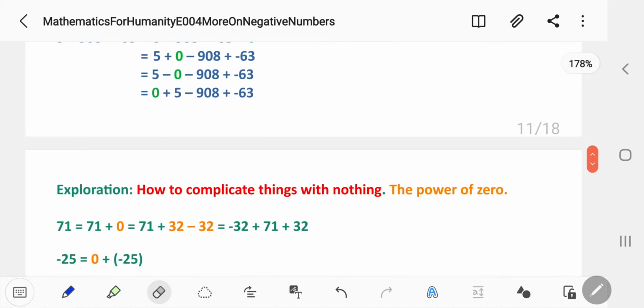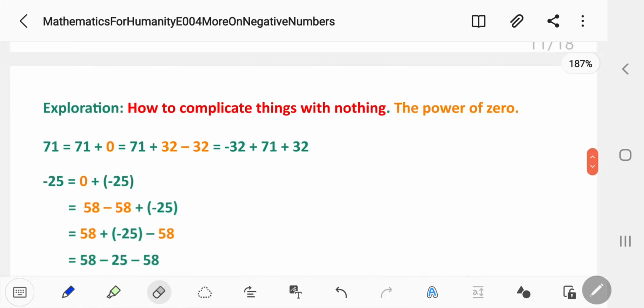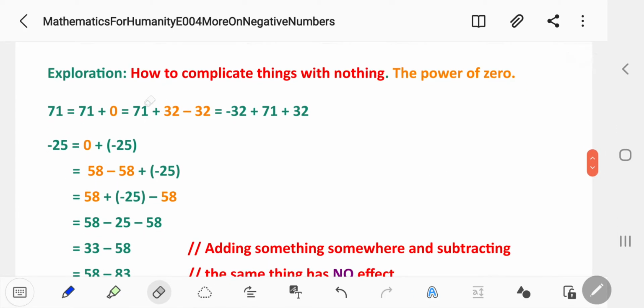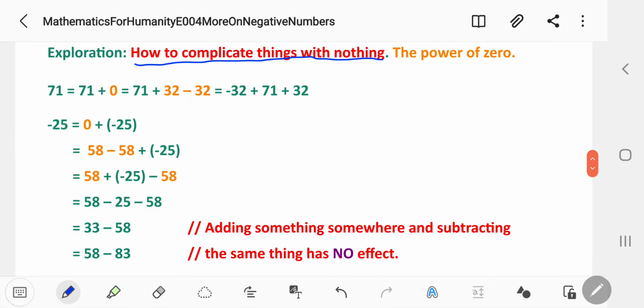Next, we explore that. Exploration: how to complicate things with nothing, the power of 0. So here you can see in this example, you have 71 is equal to 71 plus 0. But you can write 0 as a number subtracted from itself.